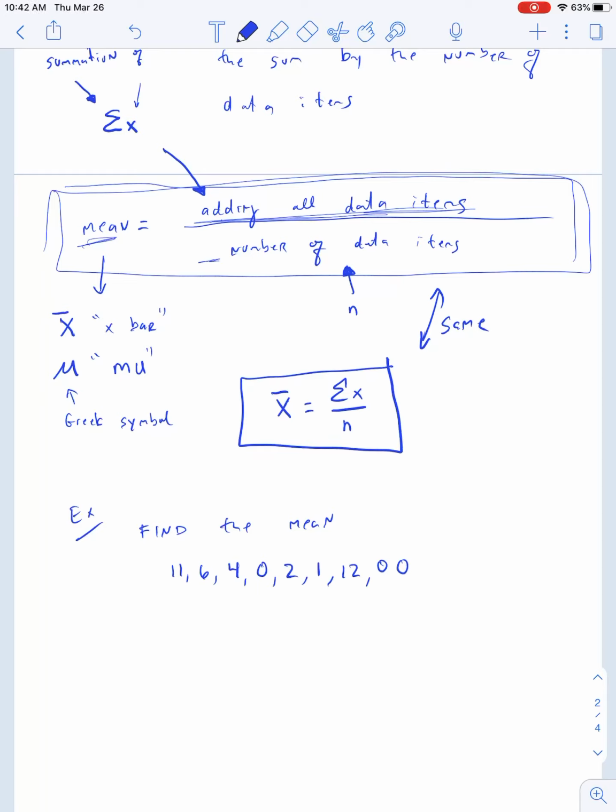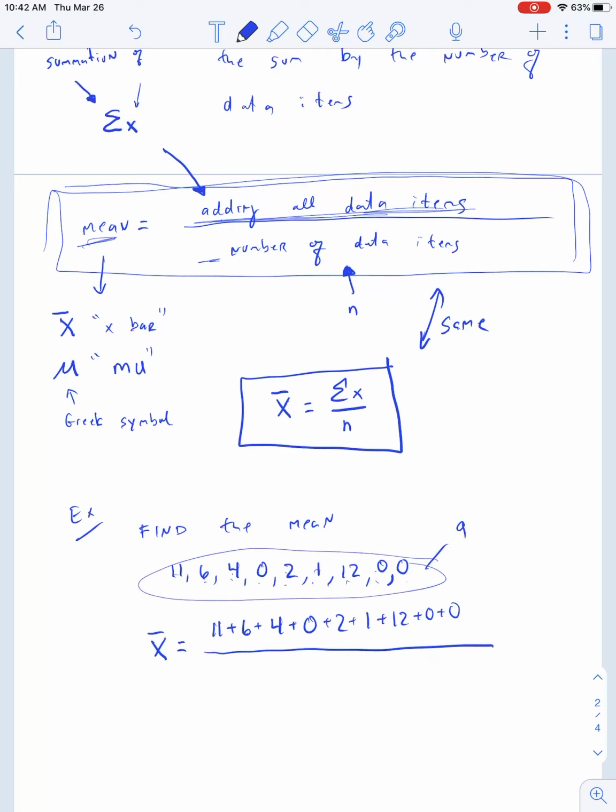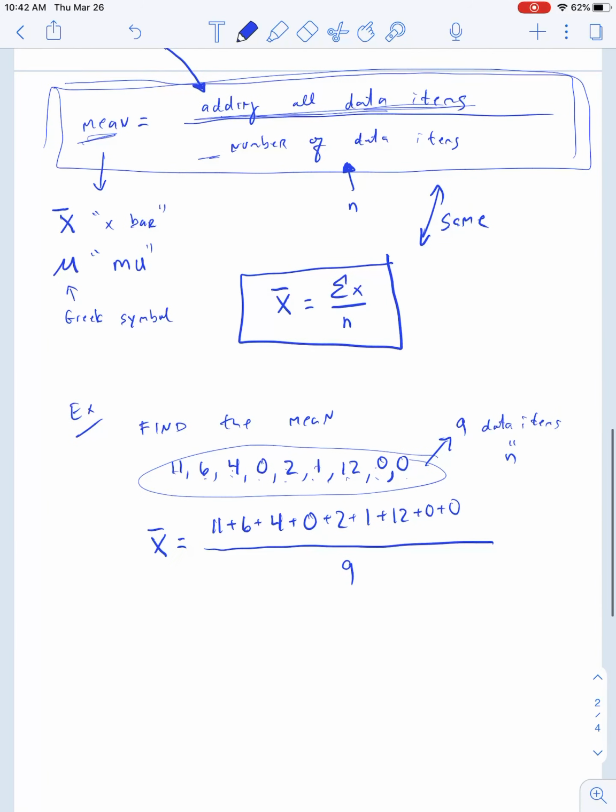Our mean is found by adding all of our numbers and then dividing by the number of data items. How many do we have? 1, 2, 3, 4, 5, 6, 7, 8, 9. So there are 9 data items, which is our n. So 9 goes in the bottom.